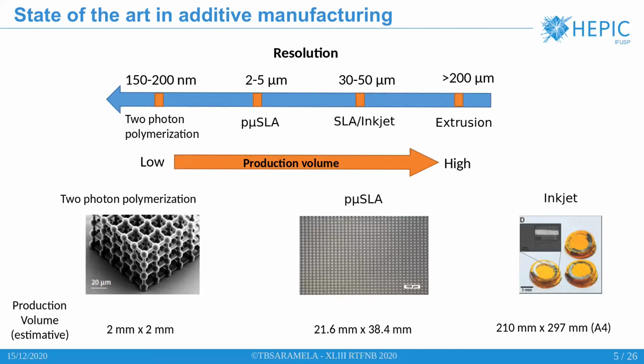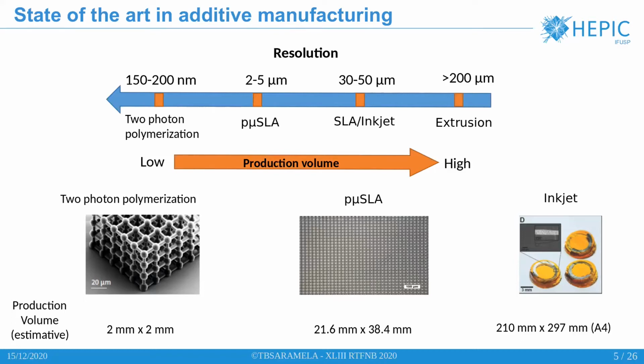Nowadays in 3D printing, for choosing these techniques, we have to find a balance between resolution and production volume. Increasing one means that we need to decrease the other. So we have available to us techniques like extrusion, on the right, where we have a high production volume, but not as good resolution. 200 microns is not enough for the kind of things that we want to fabricate.